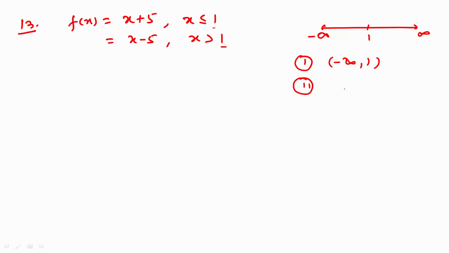The second part is x is equal to 1, and the third part is open interval 1 to infinity. You have to check one by one where the function is continuous and where the function is discontinuous.